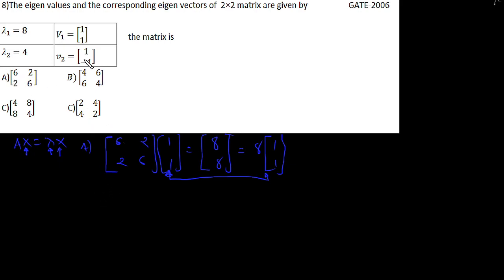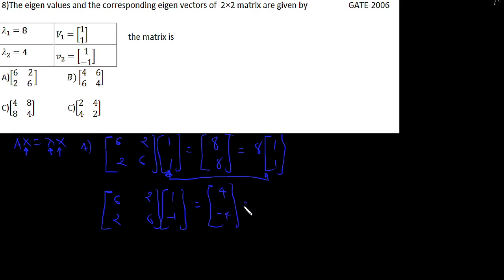Let's also check this 1 minus 1. Let's do the multiplication. What we get is 4 minus 4.